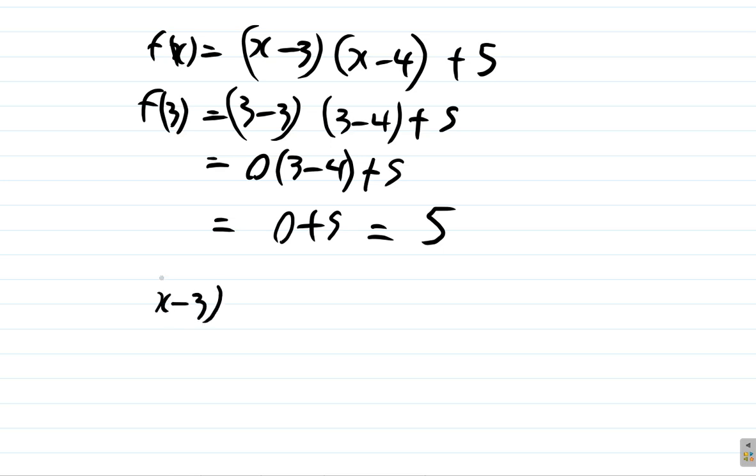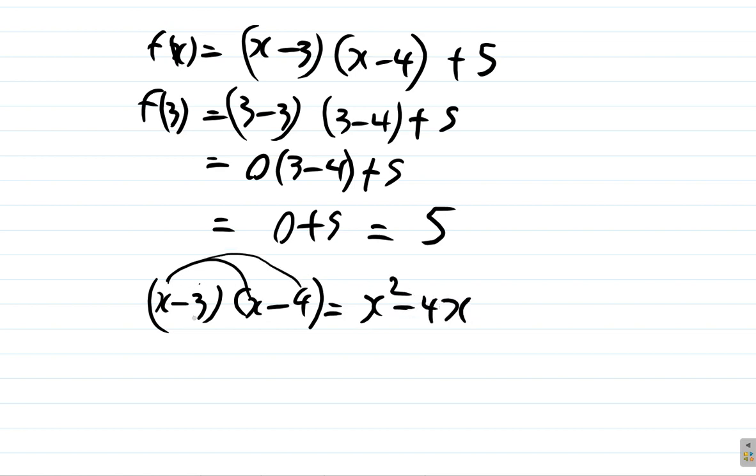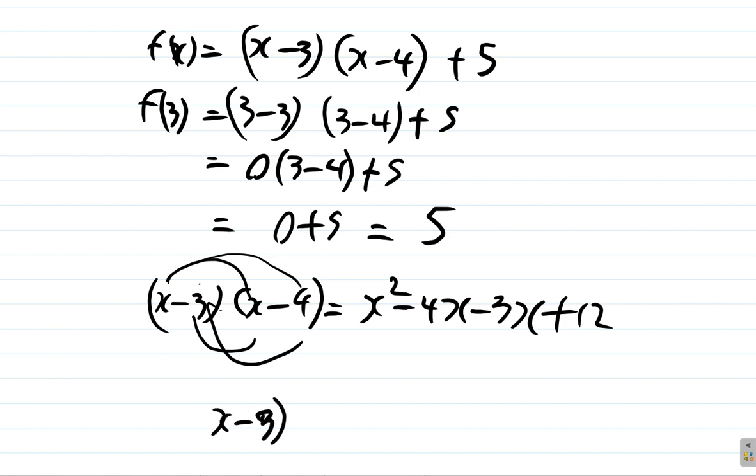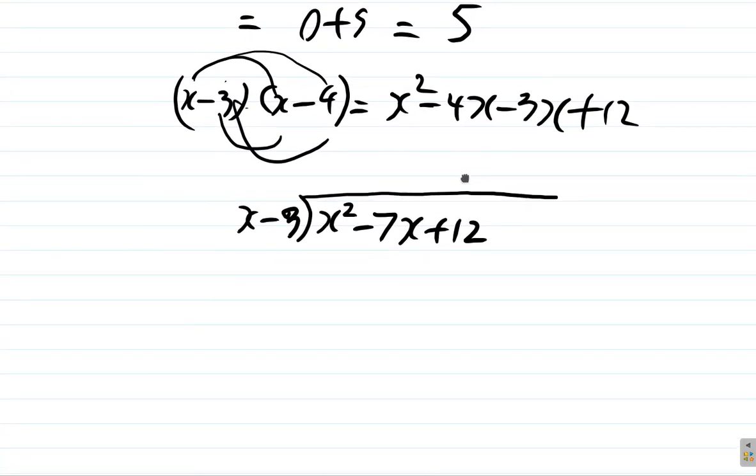X minus 3 times x minus 4 is what? This is x squared minus 4x minus 3x plus 12. So we have x minus 3 being divided into x squared minus 7x plus 12. Let's use long division and see what happens here.